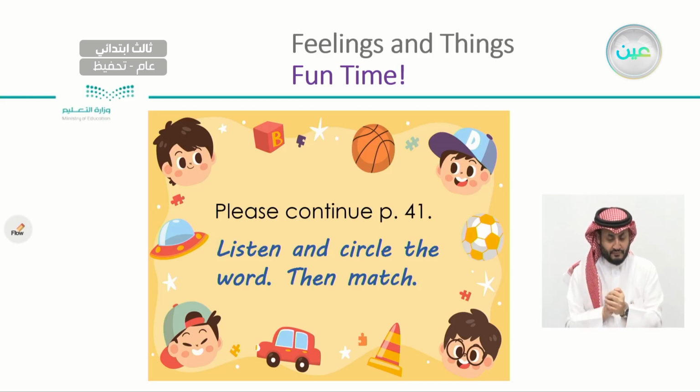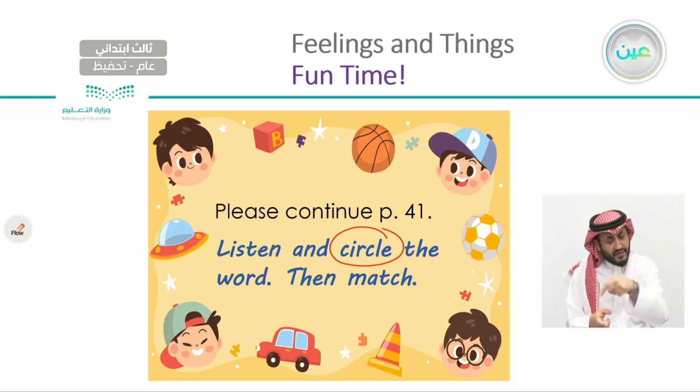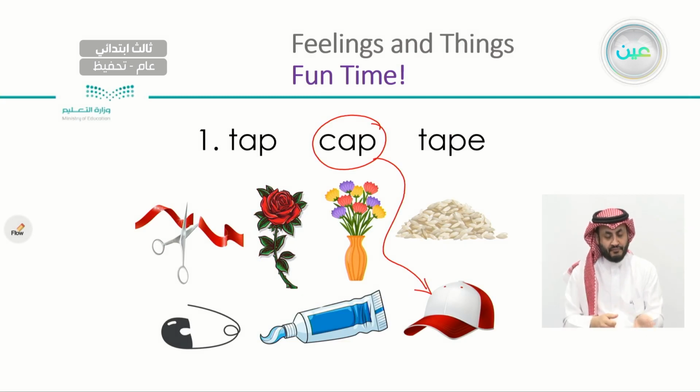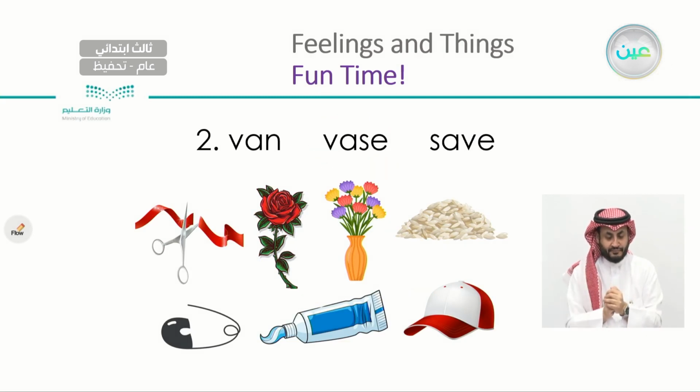We will listen to the word, circle the right word, and then match to the picture. Okay? Number 1, cap. Here's the picture of the cap. Number 2, vase. This here is a picture of a vase.